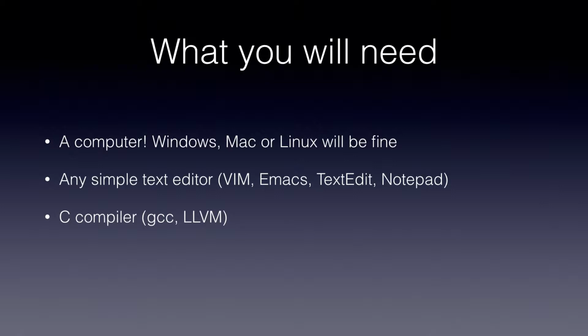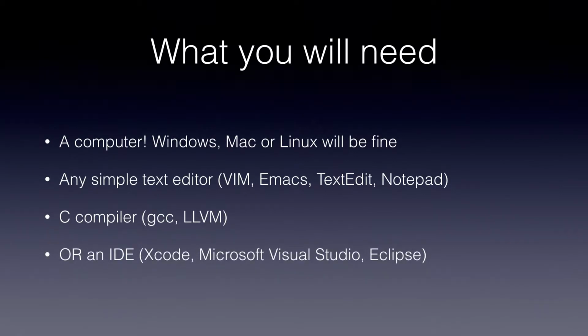If you have Xcode already installed, or if you have build tools already installed in Linux, then chances are you have one or both of these installed already, so that's fine. These are free anyway. If you don't have these, you just have to get one of them. I recommend LLVM because it's newer. But obtaining these is just a Google search away. It is not the focus of this video.